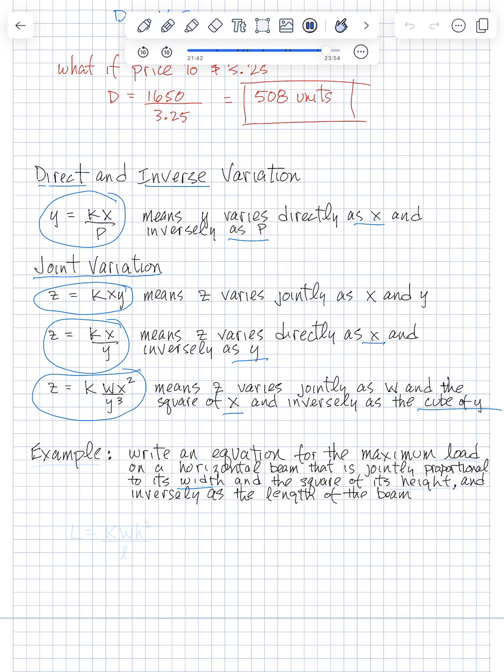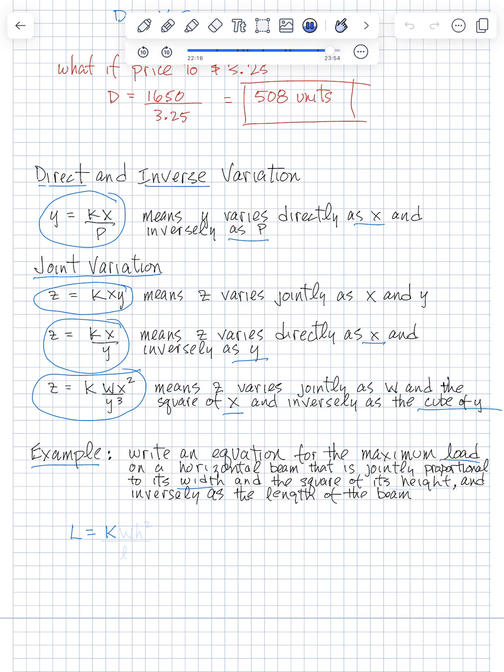So here's our example. This is actually an engineering problem. Write an equation for the maximum load, and that we'll call L, on a horizontal beam that is jointly proportional to its width and the square of its height, and inversely as the length of the beam. Okay, so L, which is the load, is equal to, always need a k.